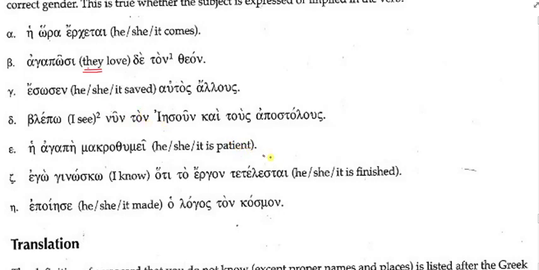Where's an example of this? Epsilon. He agape makrathume. He translates makrathume as he, she, or it is patient. So should you translate this as love, he, she, or it is patient? No. You just translate this as love is patient, okay?